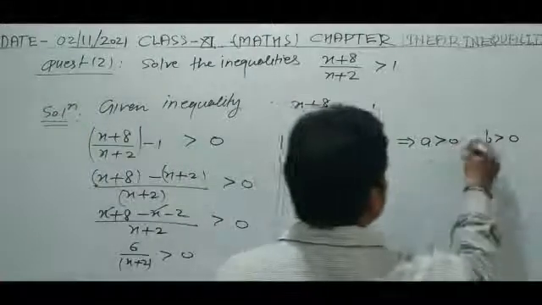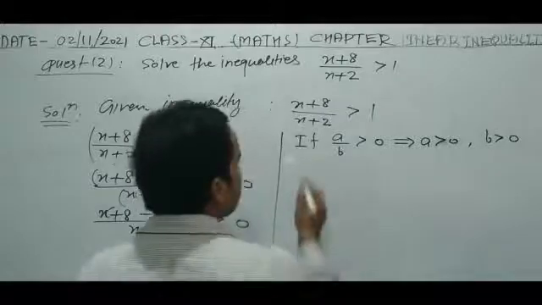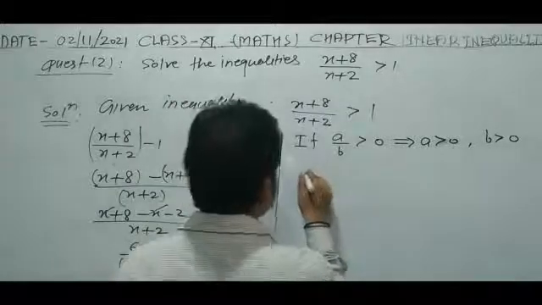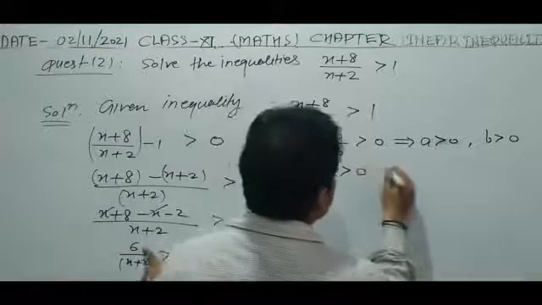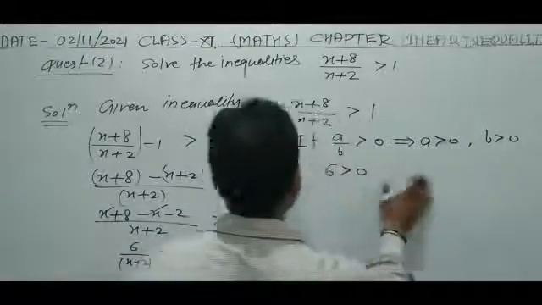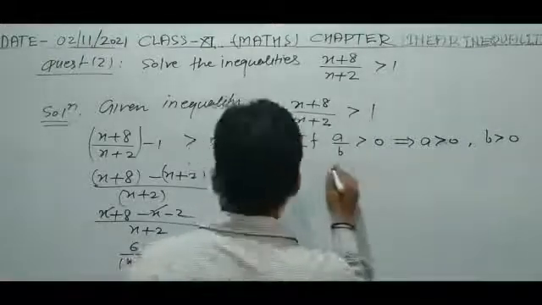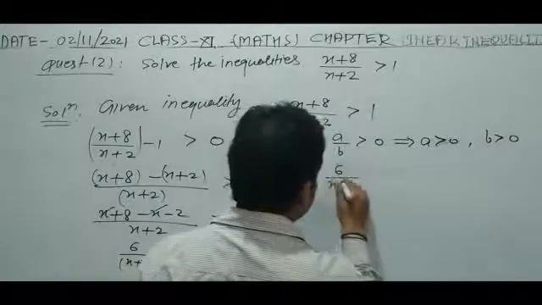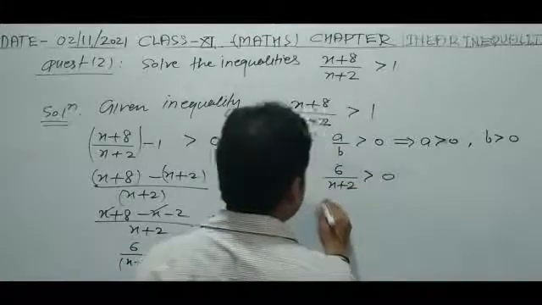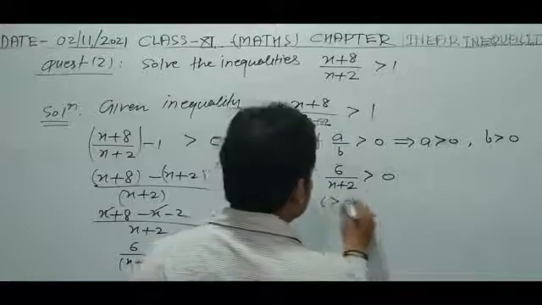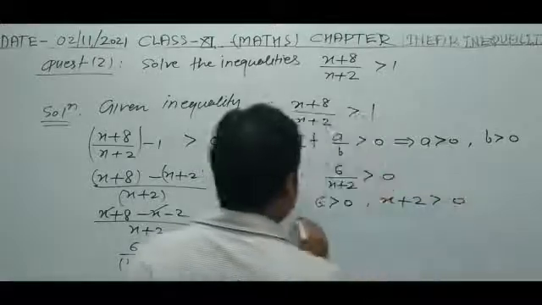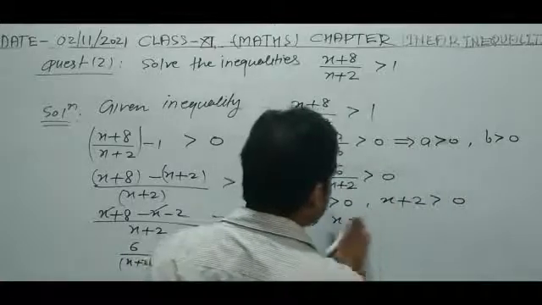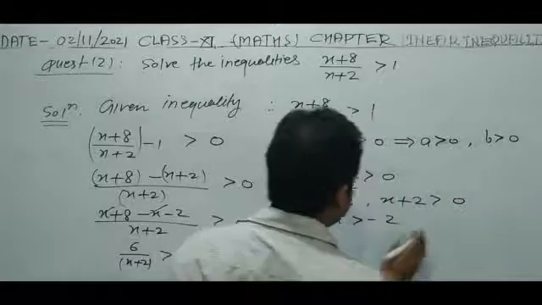So a is greater than 0 since 6 is greater than 0. This implies 6 upon x plus 2 is greater than 0, so 6 is greater than 0 and x plus 2 is greater than 0. This implies x is greater than minus 2.